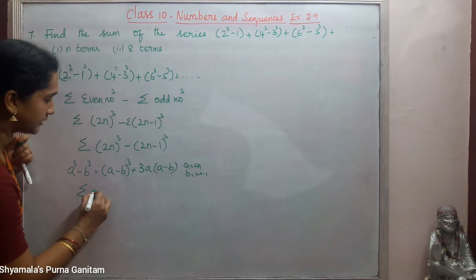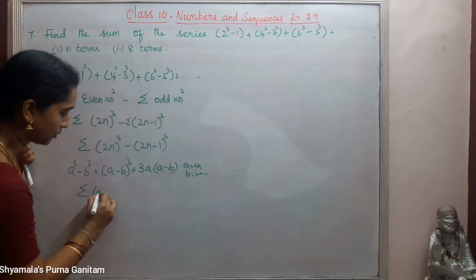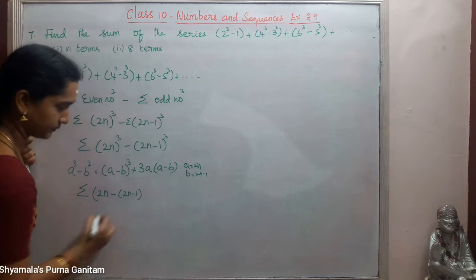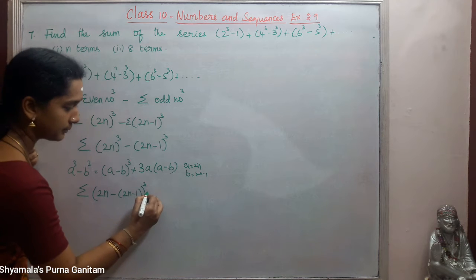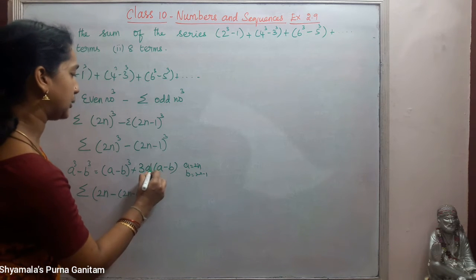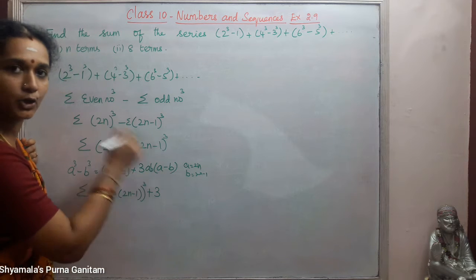So sigma of a minus b the whole cube, where a is 2n and b is 2n minus 1, so 2n minus 2n plus 1 the whole cube, plus 3ab into a minus b.